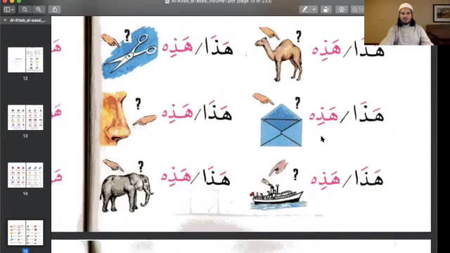Who can get this one? هذا ظرف. تمام. Let's see if I can memorize who's in the class so I don't have to keep opening the attendance thing.